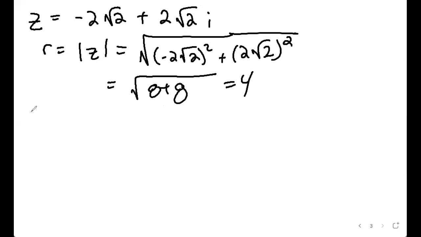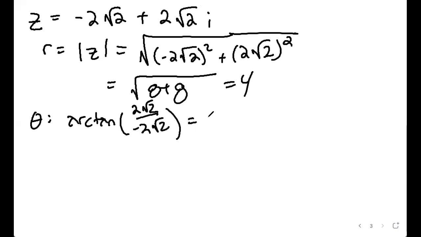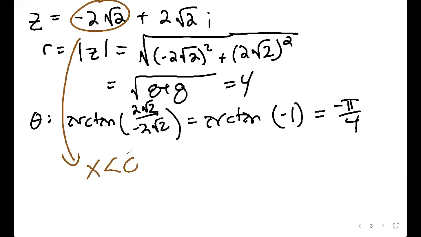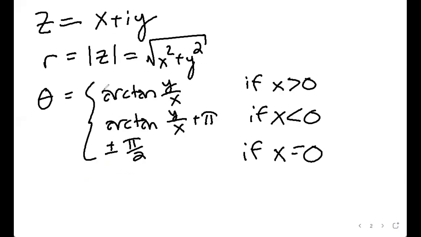And then what is going to be theta? We need to compute arctangent of y over x. That's going to be arctangent of -1. The arctangent of -1 is negative pi over 4. However, we have to be careful. Here, we are dealing with x negative, so we're not in the case where theta is arctangent of y over x.